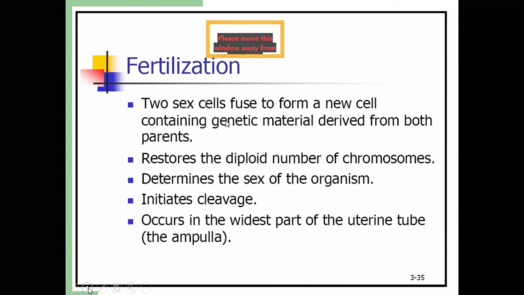The ovum plus the sperm is just one cell, but it will now initiate cleavage. That means it will double every time, okay? So it will initiate cleavage, and fertilization will occur on what part of the fallopian tube?